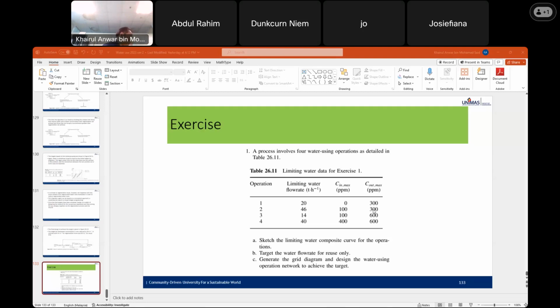So 15,200, and so on. Later you will get the limiting water data for the four operations.